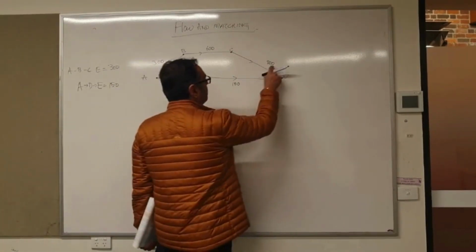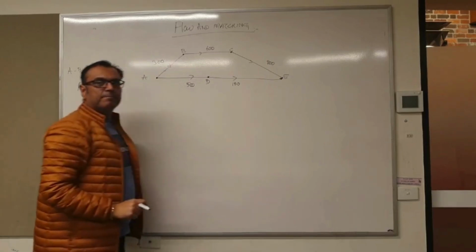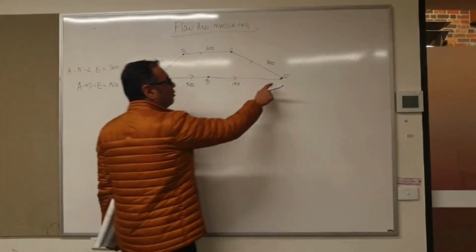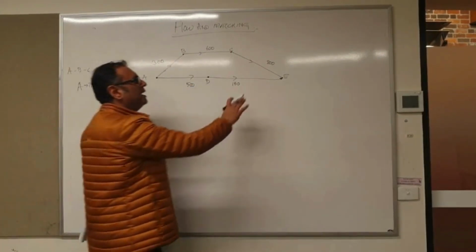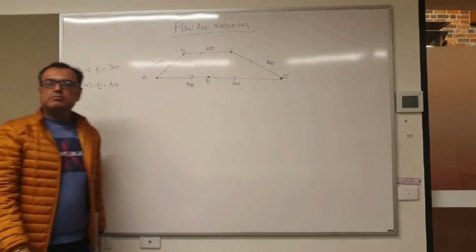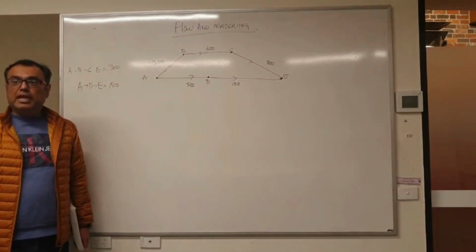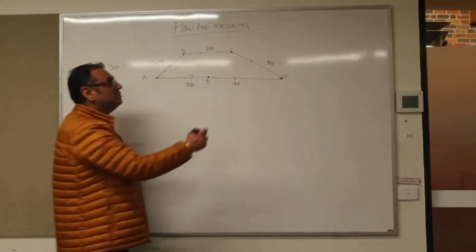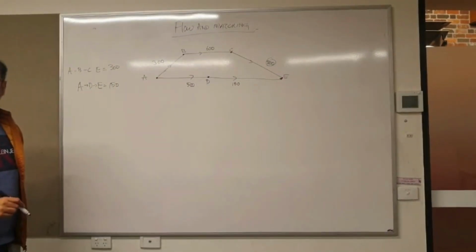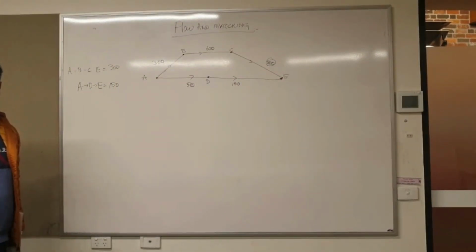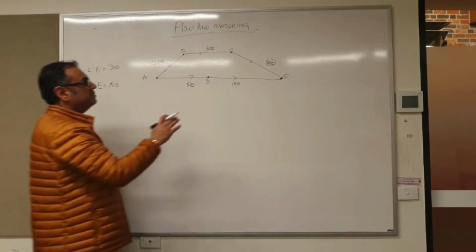If I look here at E, what is the max E can handle? 800, right? That's the max in general. Anything past 800 combined, it can't handle.